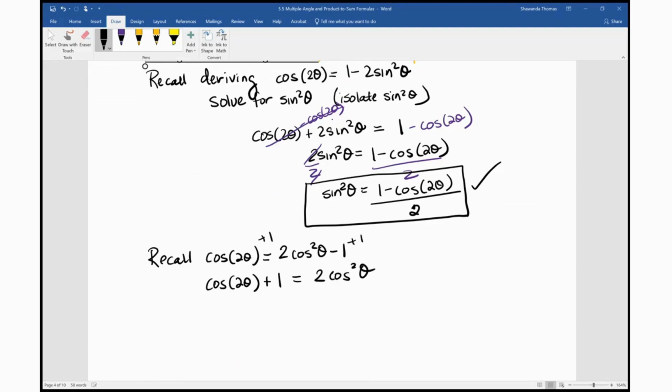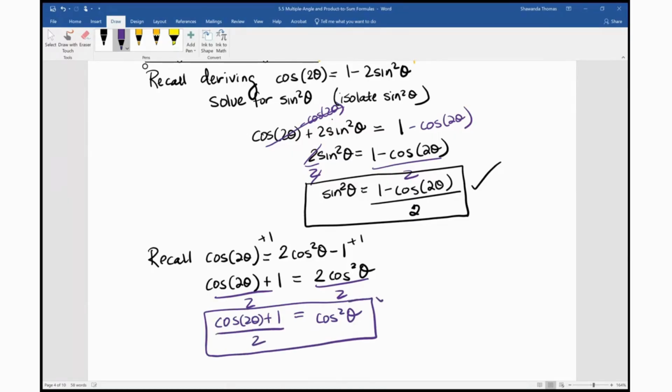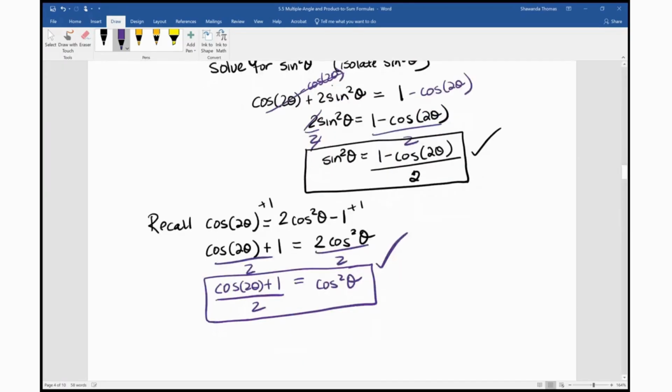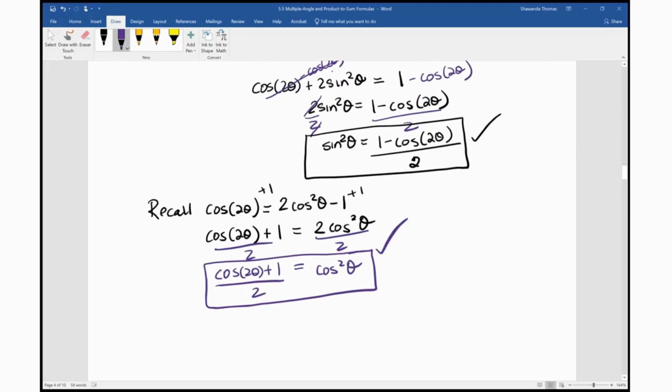So, and then divide by 2. Divide by 2. You get that cosine squared theta equals cosine 2 theta plus 1 over 2. There's another formula.